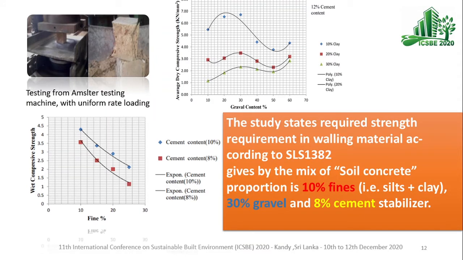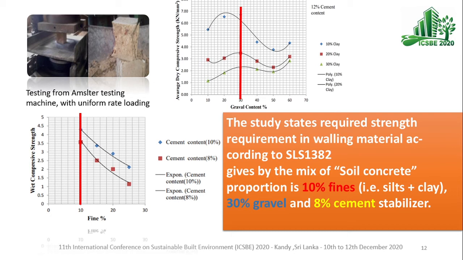Looking into our study, the best mix: according to SLS 1382, we tested using the Atterberg limit test with test cubes, so there are dry and wet compressive strengths from those tests. It was found that 30% gravel content gives good strength, and a fines mixture of 10% or less gives better strength.